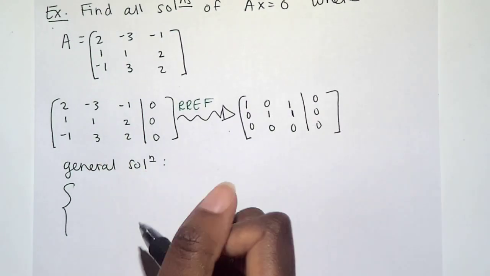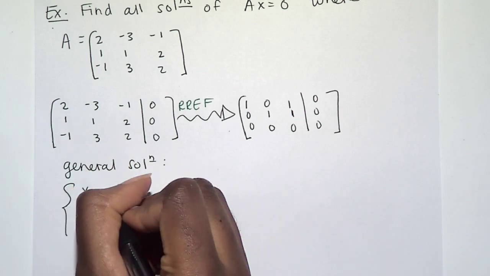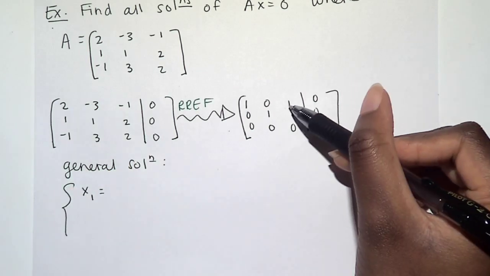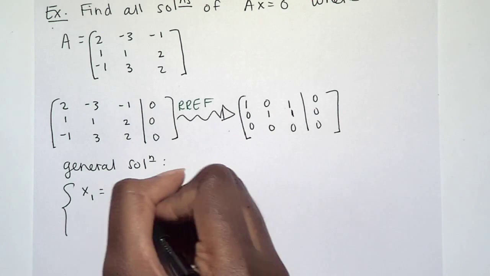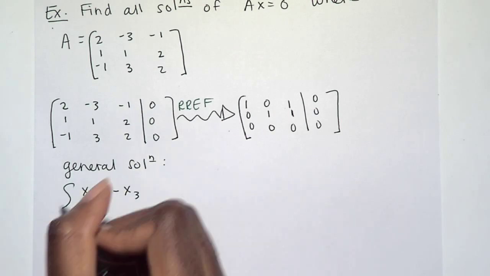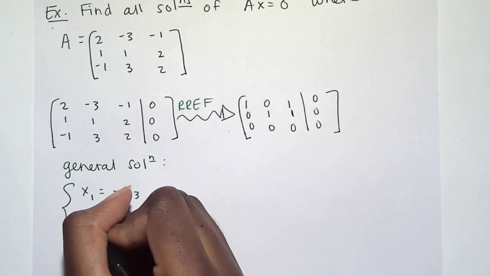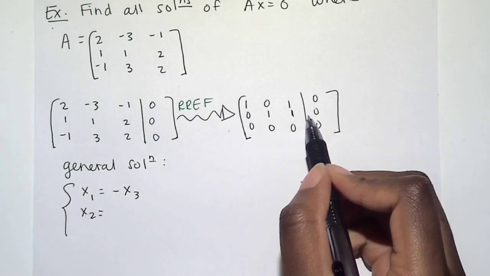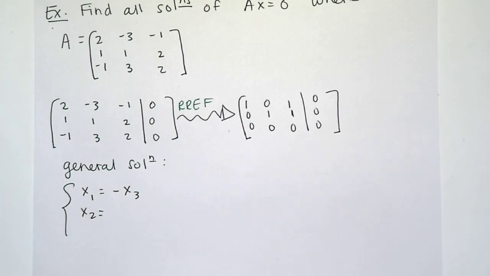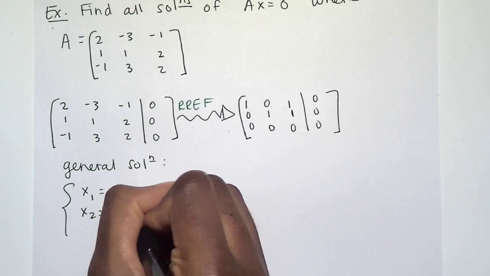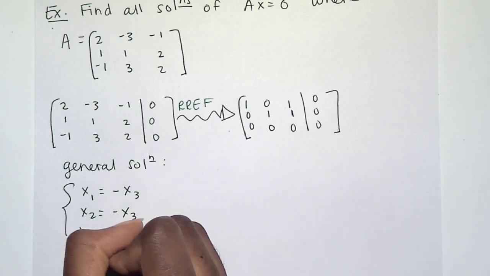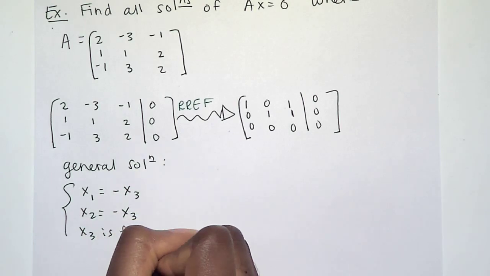Let's start with x1. I got 0 minus 1x3, so it's going to be negative x3. So we see what our free variable is. Also, we have another negative x3. And so x3 is free.